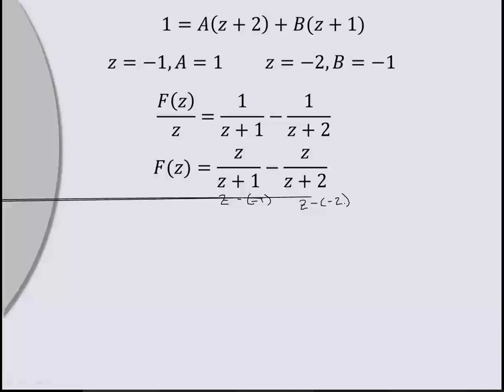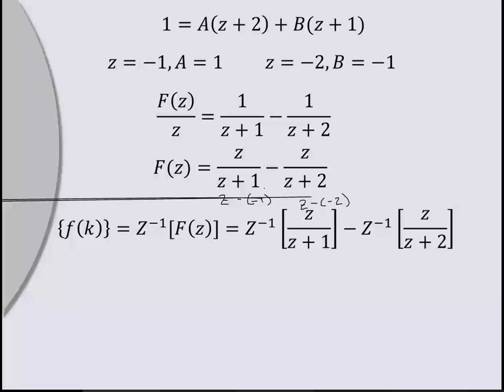So taking z inverse on both sides, f of k will be z inverse of f of z, which is equal to z inverse of z upon z plus 1 minus z inverse of z upon z plus 2. This plus 1 is minus of minus 1, this will be minus of minus 2. And the formula for z upon z minus a will be a raised to k.